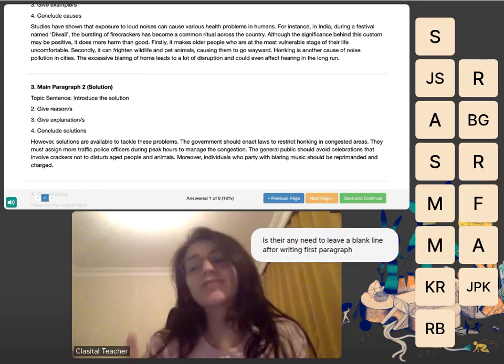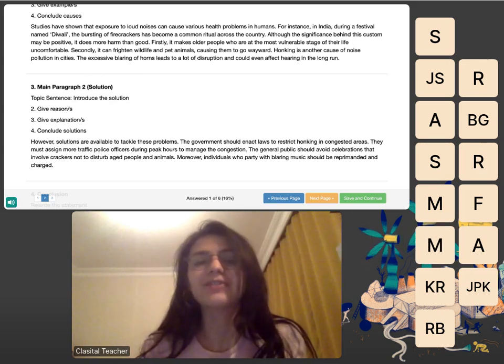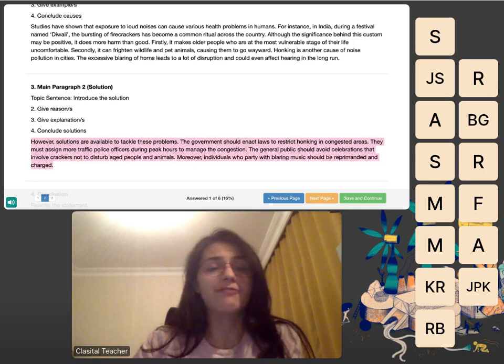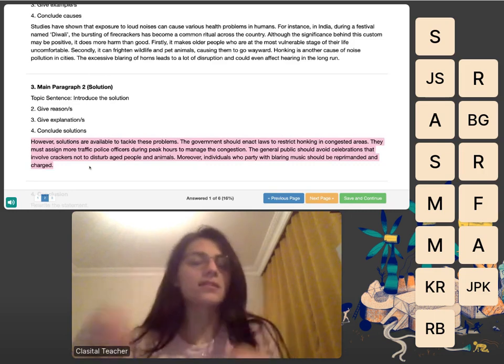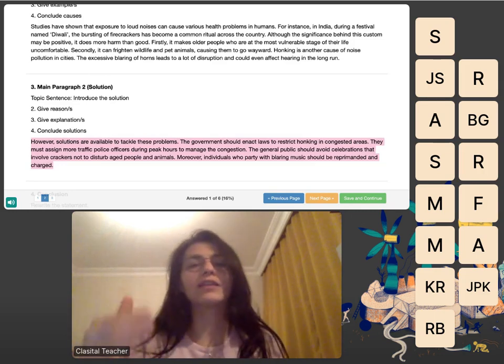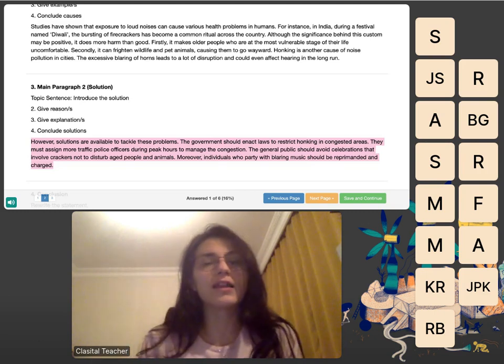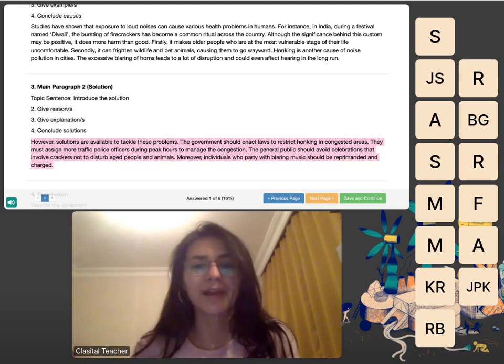But what I would still do differently here is I would explain my solutions further. As you can see, this paragraph only states the solutions, saying we can do this, this, and that, but it doesn't elaborate on all of them, right?